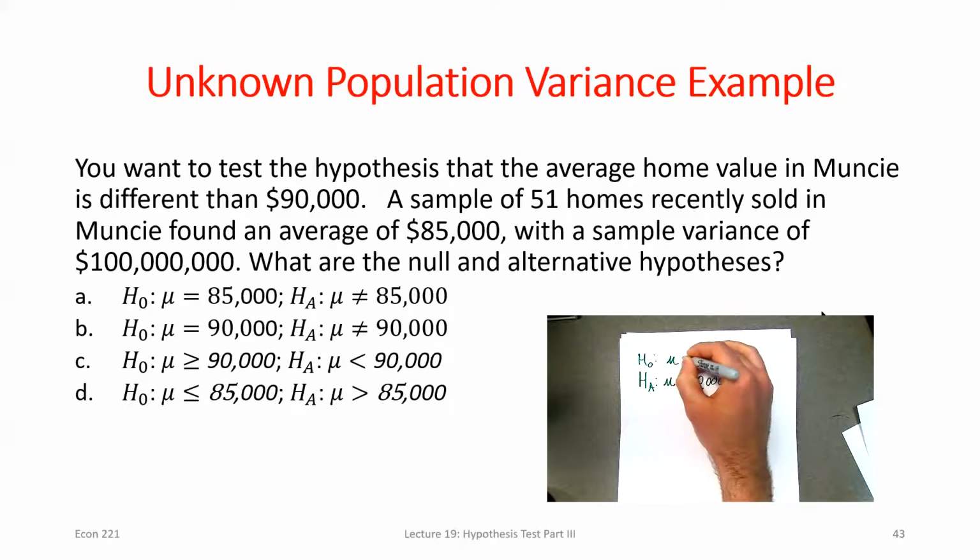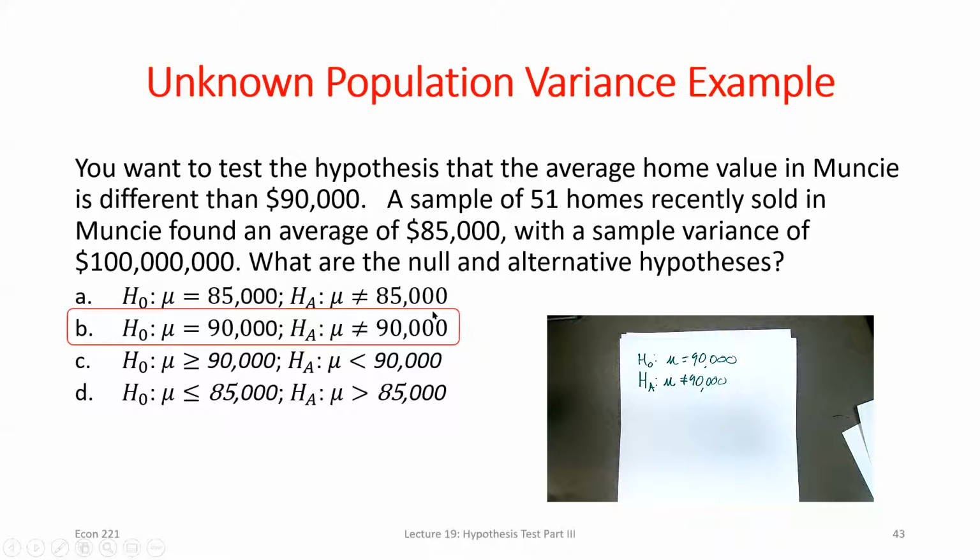For my null, I assume the opposite is true, which is that it's equal to 90,000. When you see the term different than, hopefully these are easy null and alternative hypotheses to identify. So we know we've got a two-tailed test.